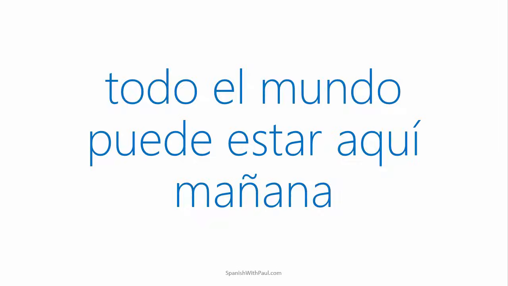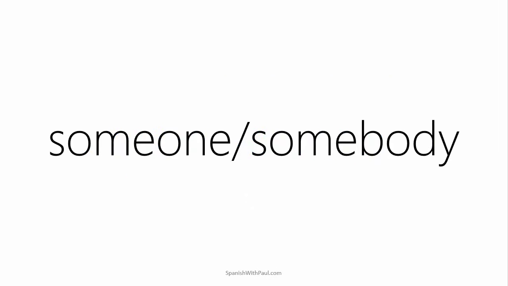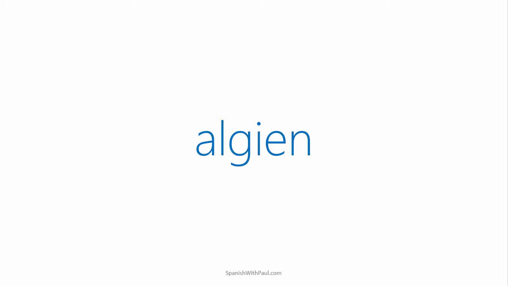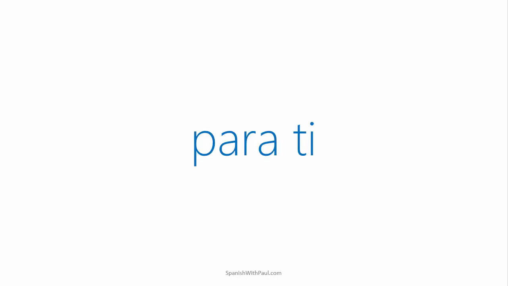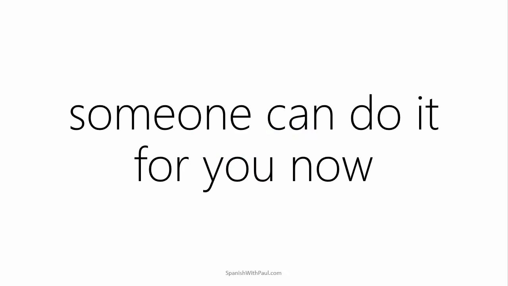Do you remember the word for someone or somebody? Alguien. To say for you would be para ti. Para ti. Now, how would you say someone can do it for you now?